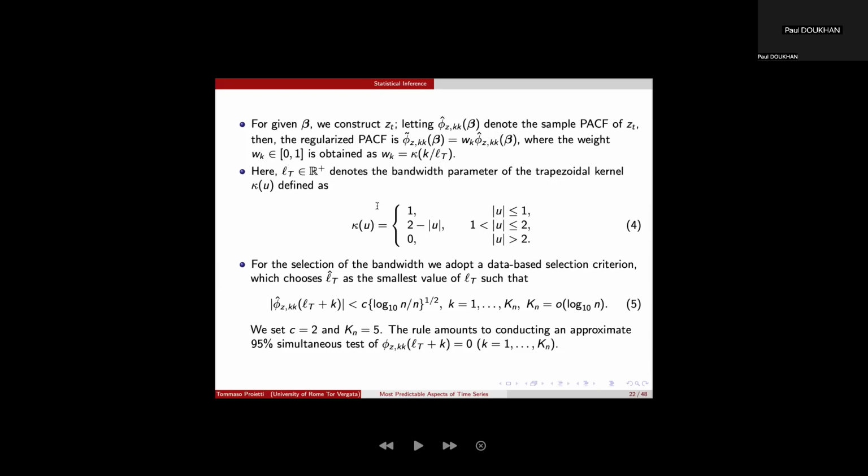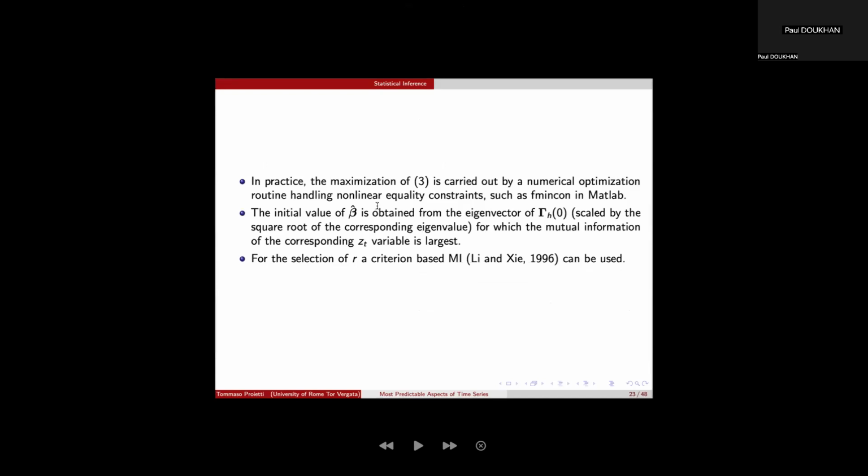If you don't reject the null that they are jointly zero, then you select the banding parameter. So we have a criterion for choosing that, and we have a criterion also for selecting R, which is based on the mutual information criterion proposed by Li and Xie. It's like penalizing for the complexity induced by a choice of R. And we customize the criterion to the problem.